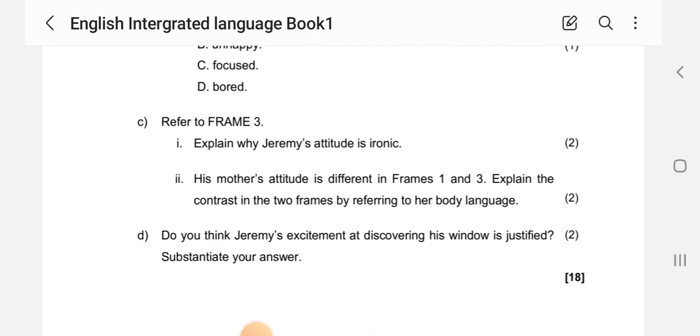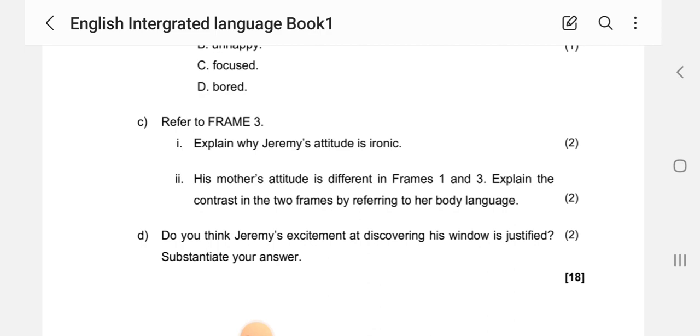Okay? And then D: do you think Jeremy's excitement at discovering his window is justified? Substantiate your answer. So it's an open-ended question. Even if you say yes or no, as long as your reason makes sense, you will be given the marks. Substantiate means supporting your answer.